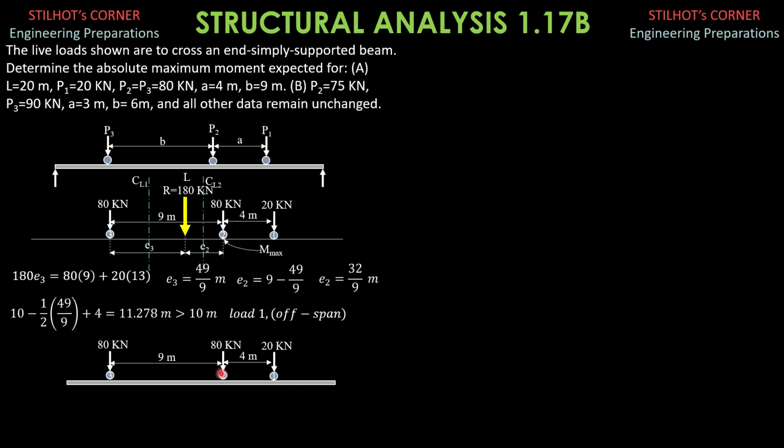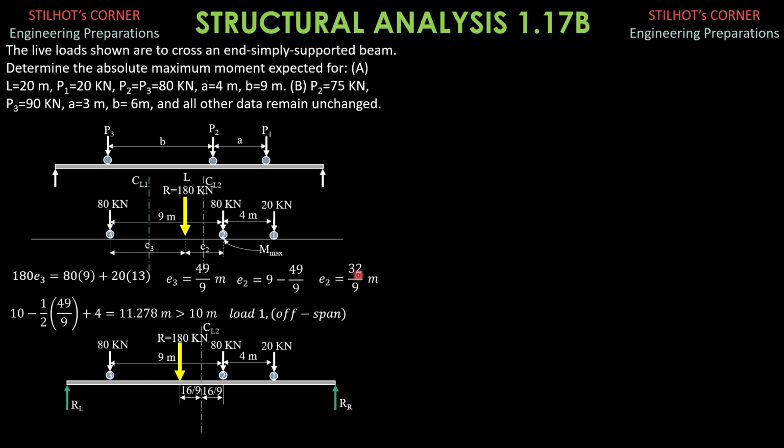So this is P2, that's R left, R right, then the resultant, which is 180 kilonewtons because all the loads are on the span. Then we have the center line. The distance between the resultant and load 2 would be half of E2.